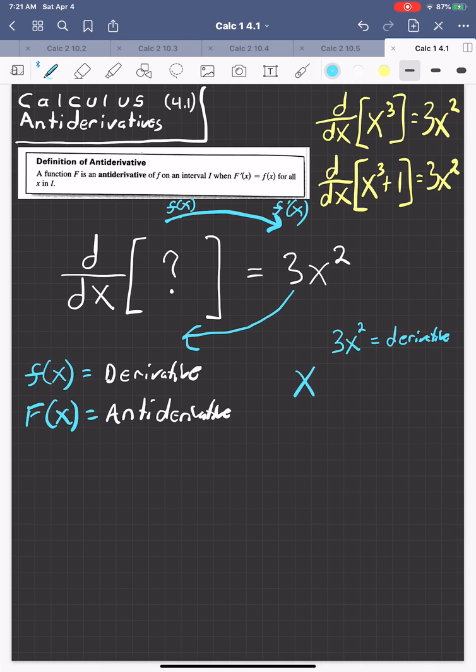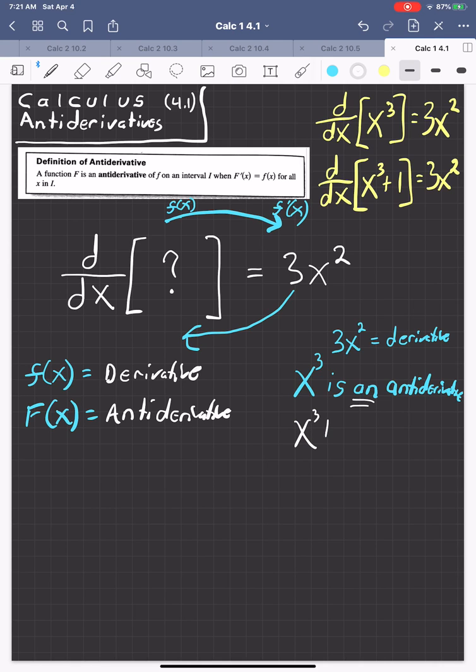The x cubed is an antiderivative. I chose this indefinite article, an versus the, because x cubed is one of many antiderivatives.